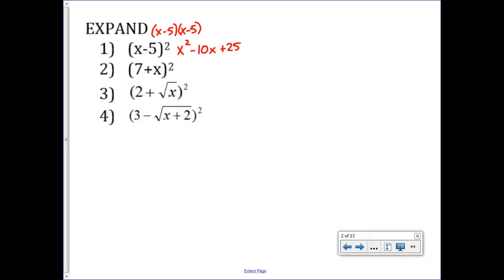I'm going to write out what I have up here. So square the first, double the middle, and square the second.